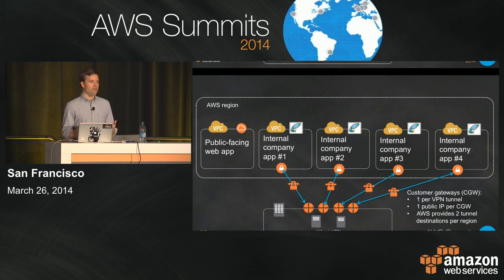Each customer gateway must maintain its own public IP address. We actually, within each region, present only 2 public IP addresses for the destinations of our VPN tunnels for all customers. So that means that it's on your end to keep the uniqueness of the IP address. So for every one of these customer gateways you're creating to terminate these VPN tunnels on your end, you're having to use another public IP address.